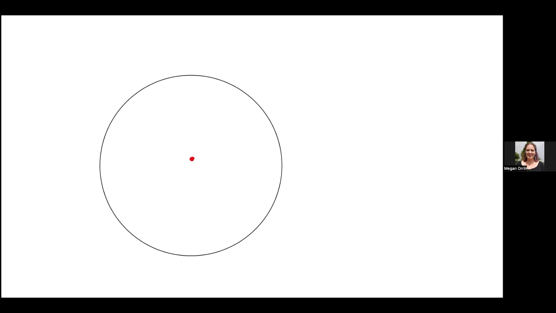If I draw a line through the circle, if I draw a point at any point on the circumference, what do you know?